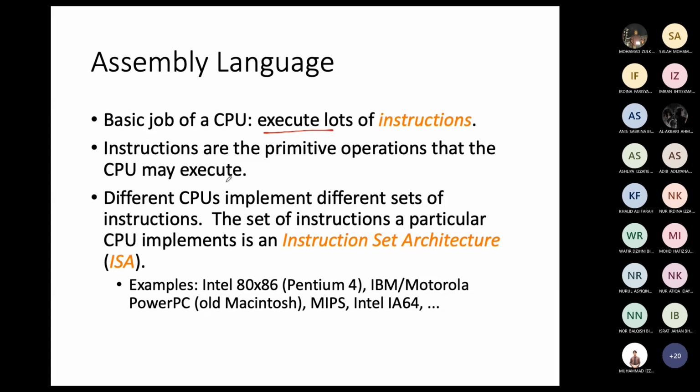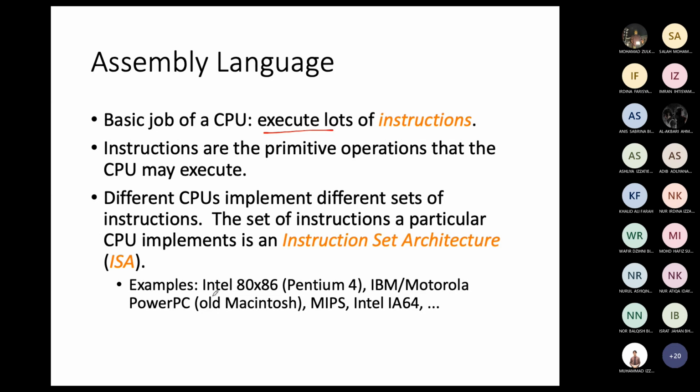Different CPUs will have different sets of instructions. These sets of instructions depend on the CPU implementation, which we call the instruction set architecture. So it depends on the architecture family that the CPU was implemented in.